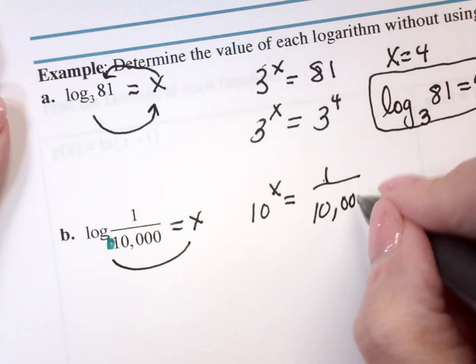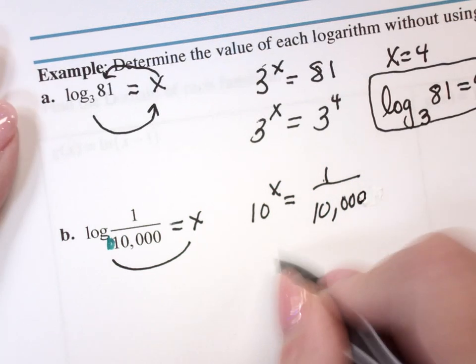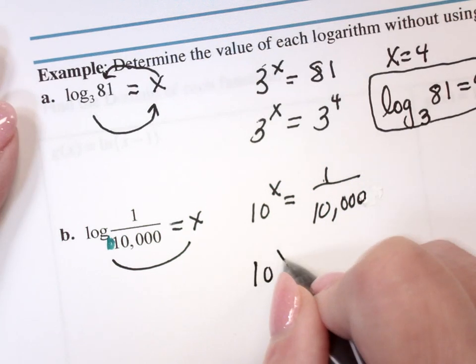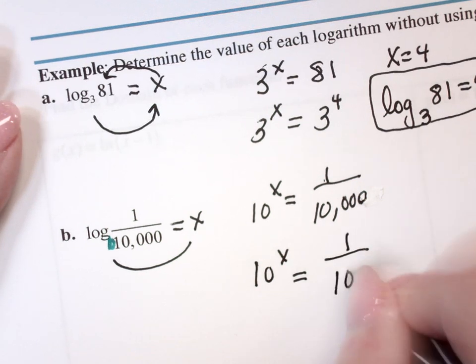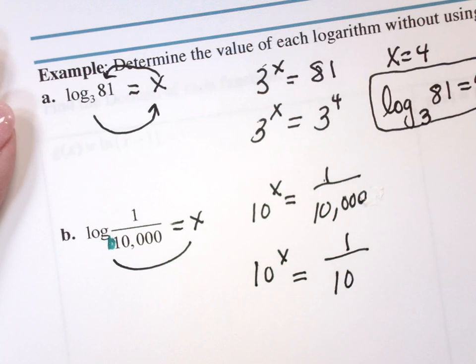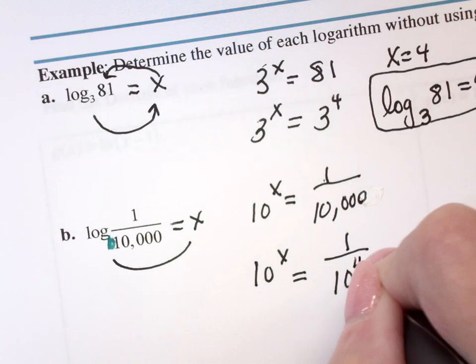Hide my error. Or 10 to the x equals 1 over 10 to what power? 10,000 is 10 to the 4th, because there are 4 zeros.